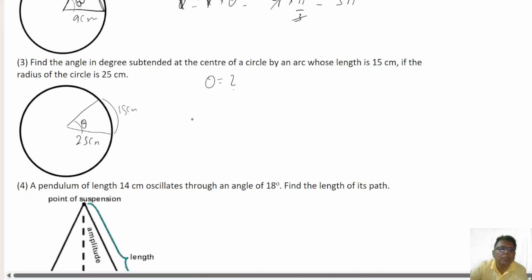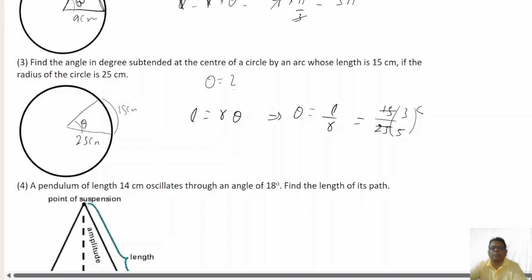So L is equal to R into theta, which implies theta is equal to L by R. L is 15, R is 25. So 3 by 5. 3 by 5 what? 3 by 5 radian.